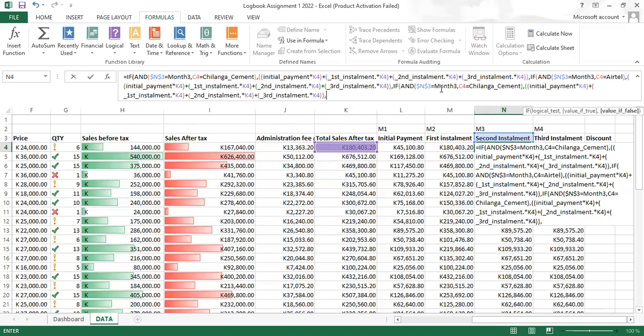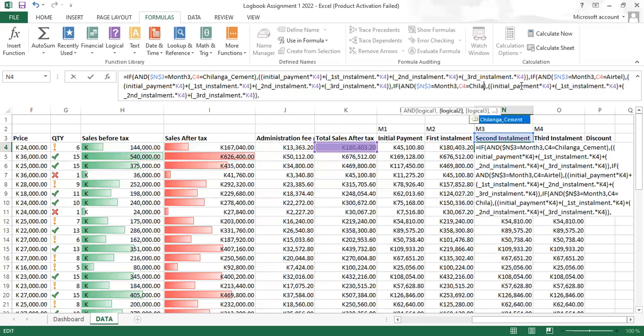Control V. But now we are going to put if this is N3 and this month 3 is equal to Zanaco. So we remove Chilanga here and put Zanaco. Type Zanaco. You tab.